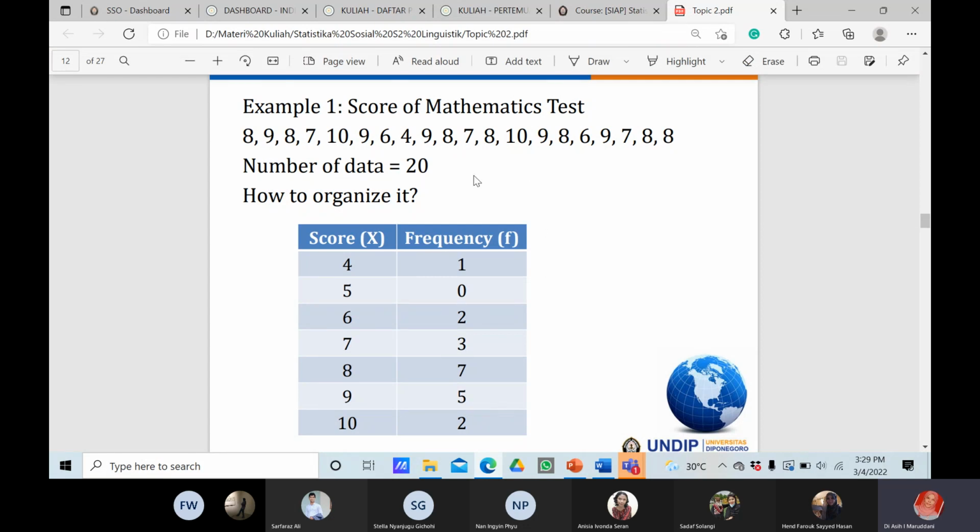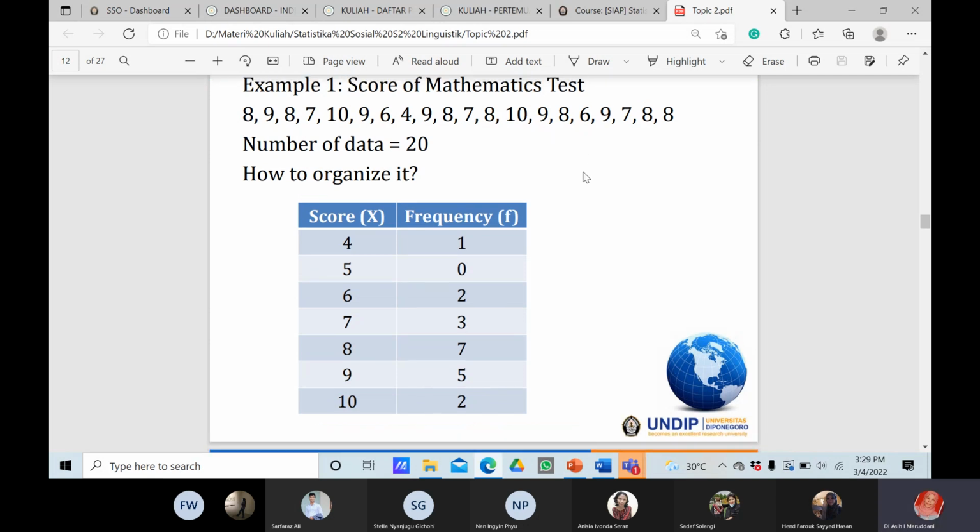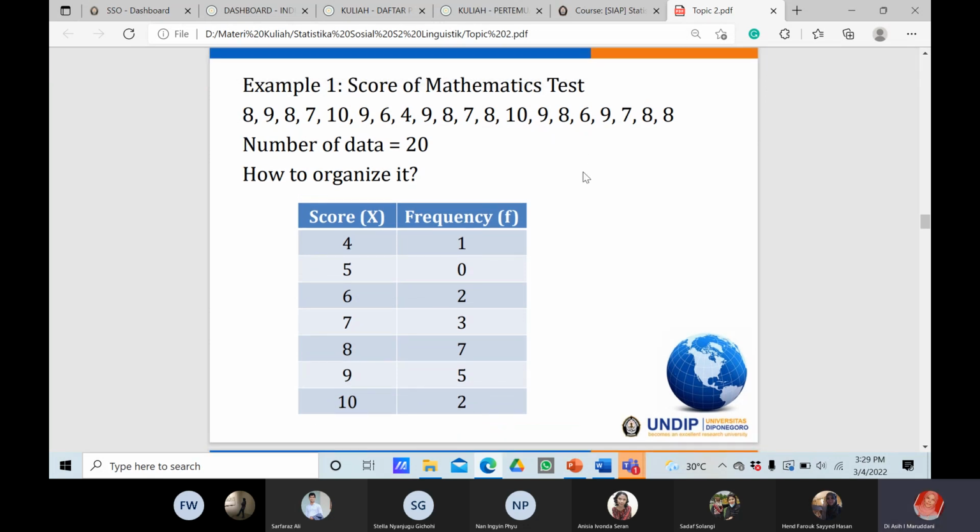And now, how to organize it? With a large amount of data, we have to organize it to present the data with a frequency distribution.